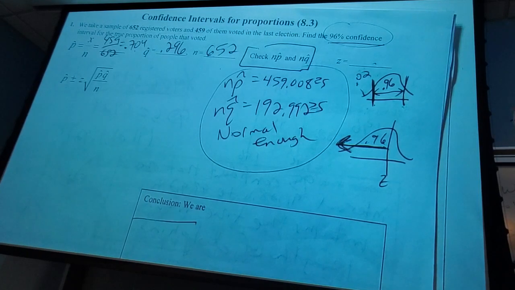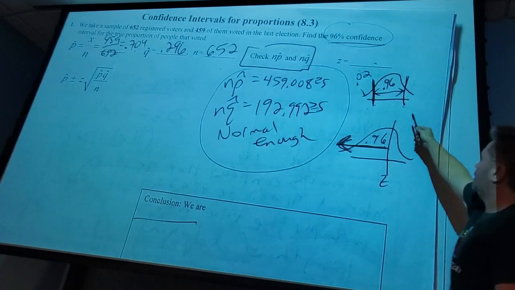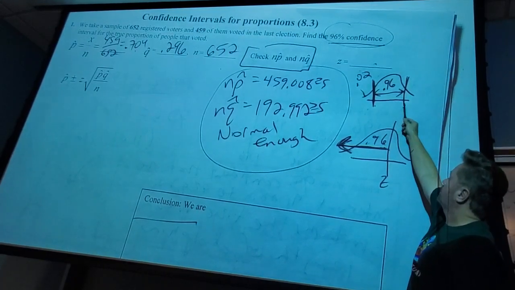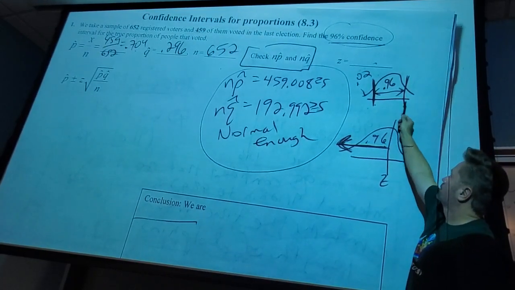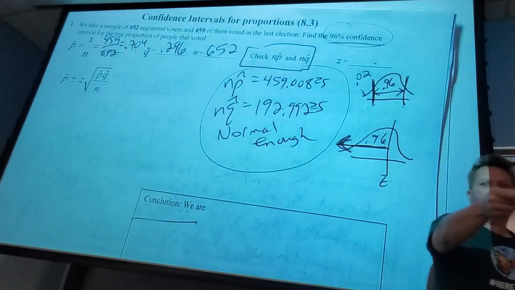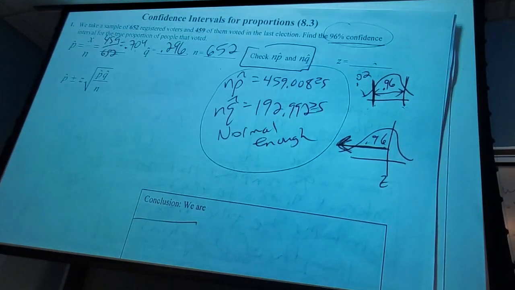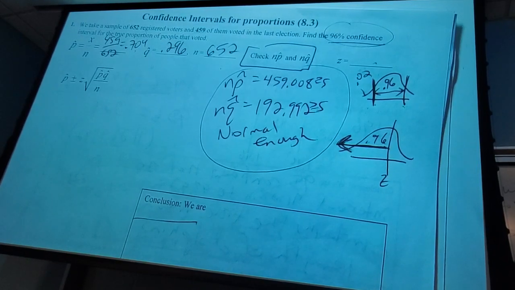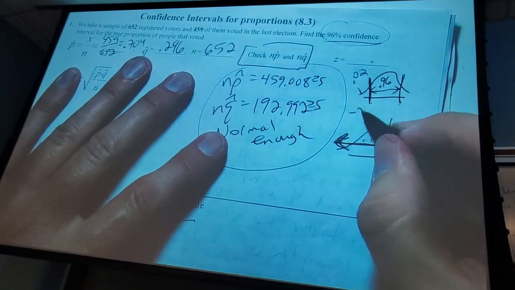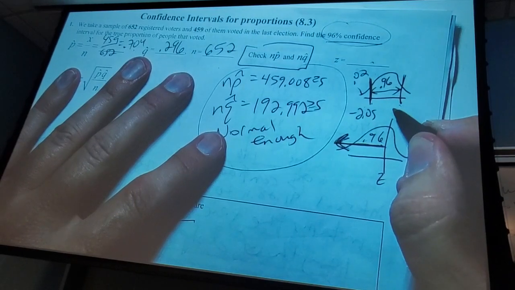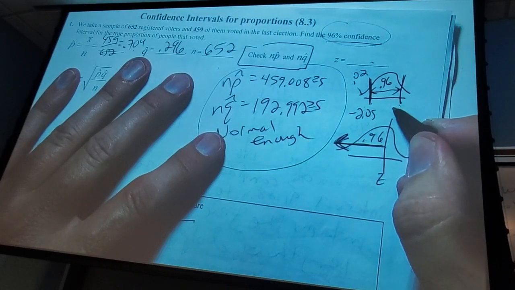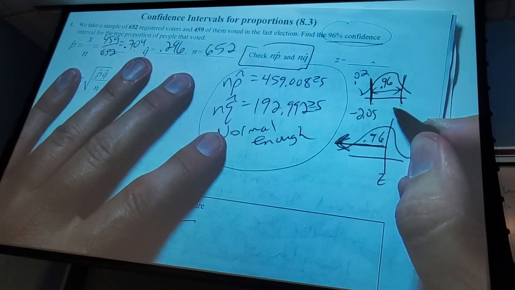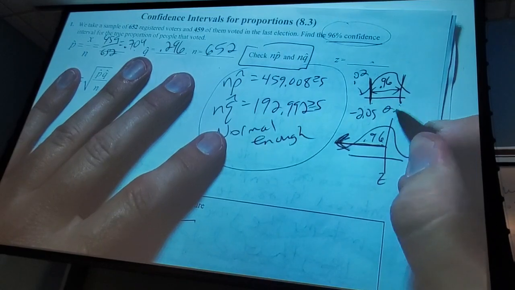Do you guys see that? In fact, can you tell me what percentage is below that z-score? 0.98. Look up 0.98 on the positive side. What do you get? Of course you get the same thing.